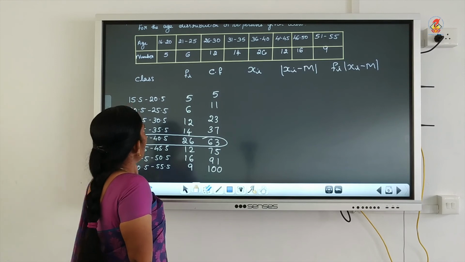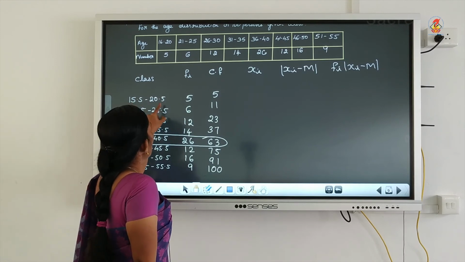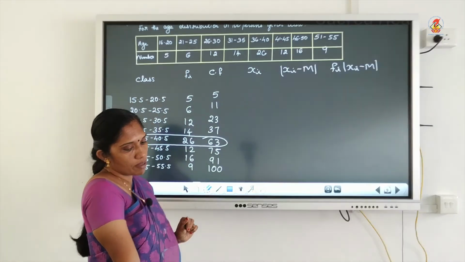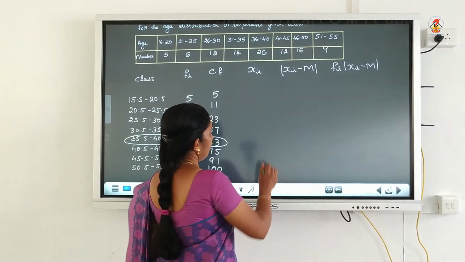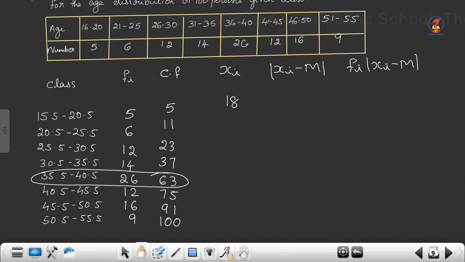So 20 plus 15 is 35, 0.5 plus 0.5 is 1, 36 by 2, that is 18. Then here 45, 46 by 2, that is 23. The difference is 5. In that way you can do. So next is 28, 33, 38, 43, 48 and 53.